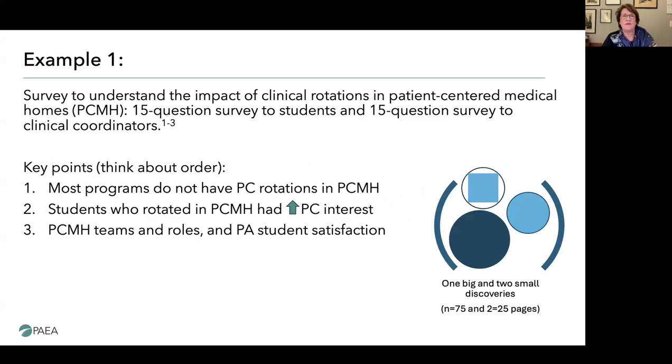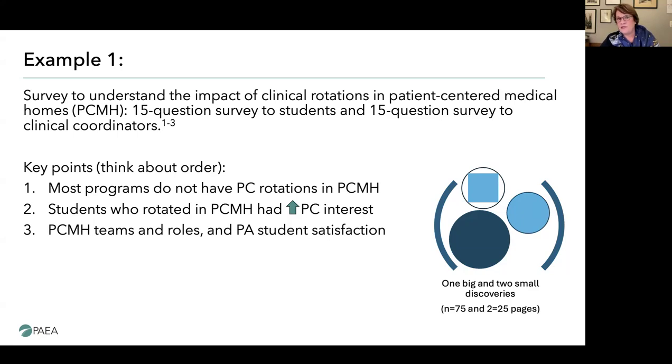So the first example I'm going to give is actually an example that's not a dissertation, but it illustrates easily, I think, what I'm trying to say, which is that we did a study to understand the impact of clinical rotations on what was a new model at the time, patient-centered medical homes. And we decided we wanted to survey students and clinical coordinators to find out what they know about and what they think about patient-centered medical homes.